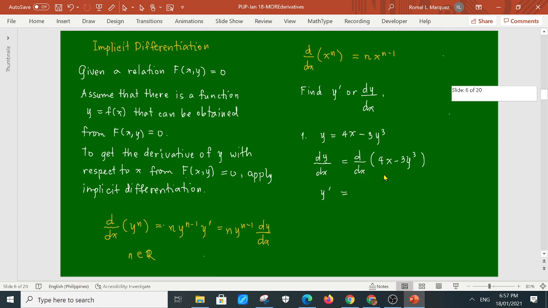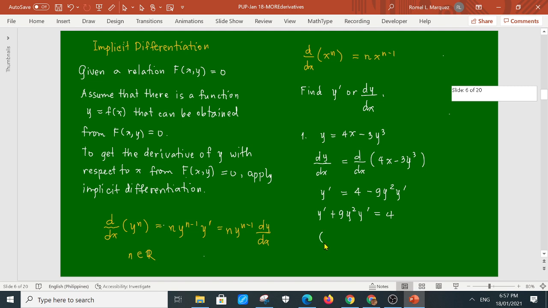And the derivative of the difference: the derivative of the first term is 4, because that is relative to x. But you are differentiating a y variable, no? So minus 3 times 3, 9, y squared, but you have to multiply by y prime. So this contains y prime, and the left side contains y prime also. So when we transpose negative 9y squared y prime to the left side, we get y prime plus 9y squared y prime equals 4.